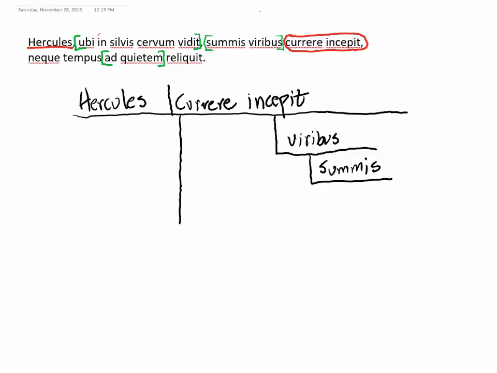The first thing you notice we can do is bracket off in siluis, because that's just a good old-fashioned prepositional phrase with a noun and the ablative. Vidit is obviously our verb, and ceruum is looking awfully accusative, which means we've got a kernel that looks like this. We've got a gapped Hercules, that's still the subject.